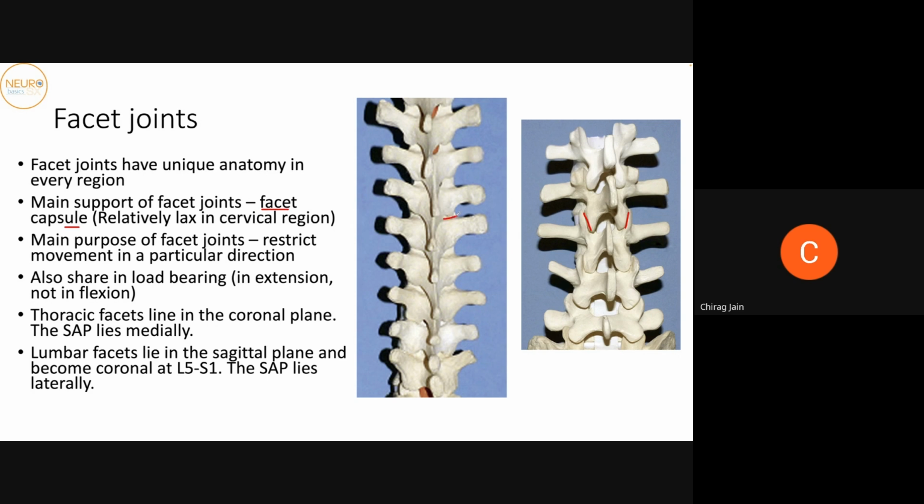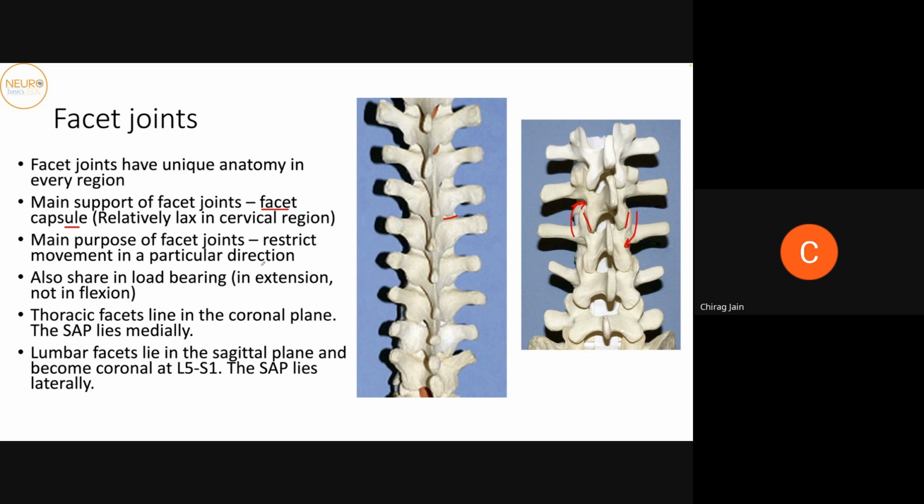We can probably see that better in our lateral view. But because they're oriented sagittally over here, these do not allow for rotation to happen. They don't allow for axial rotation. Right? So they're there to prevent rotation in this direction because they're sagittally oriented. While because the thoracic spine joints are oriented coronally, they're trying to prevent a translation.